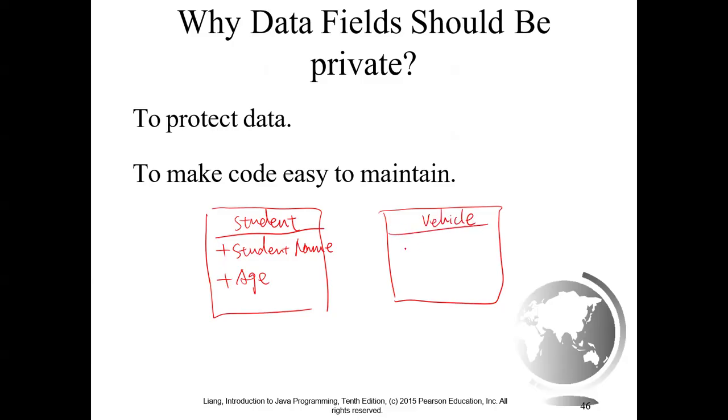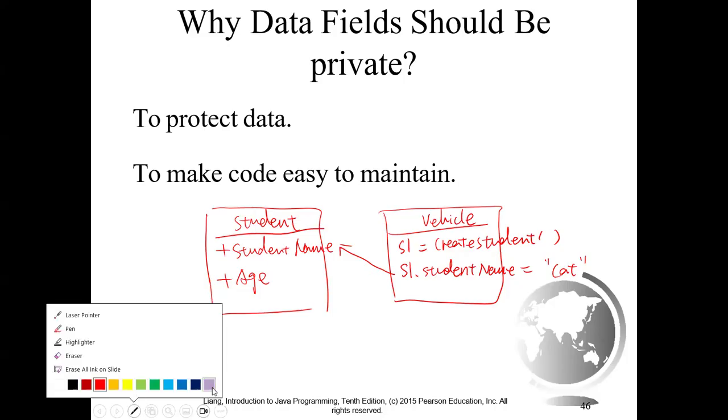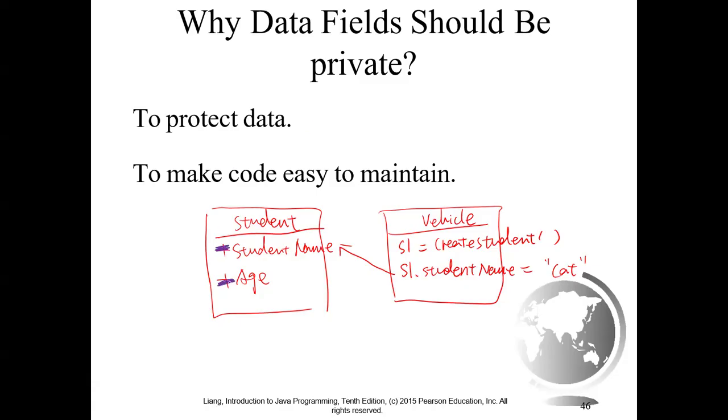We can create a student, and then we can modify the S1 student name as anything. We say, okay, it's a cat. Nobody wants to be a cat, right? So that means it manipulates this student record. However, if we set it to be private, this action is no longer valid. That's why we say it is to protect the data and to make the code easy to maintain. Since we are not messing up other code, the code is naturally easy to maintain, right?